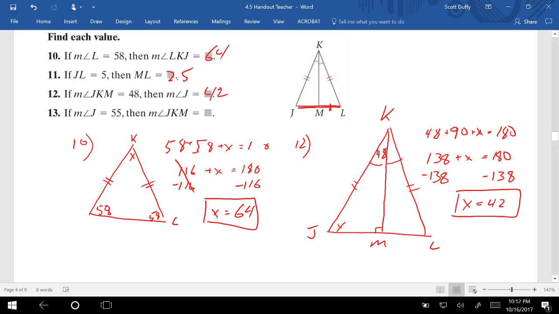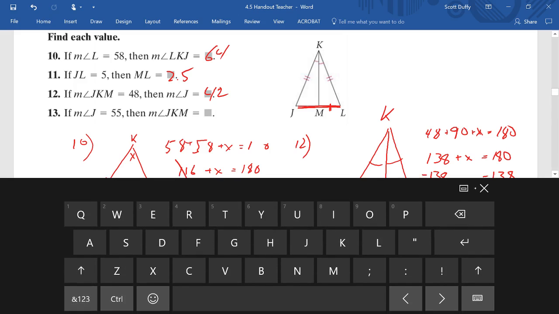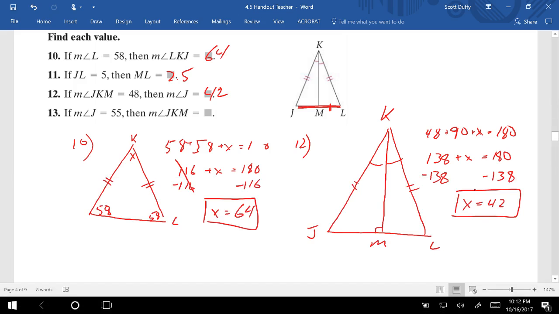And then I'm going to redraw this again for this 55 JKM. This is very similar to what we just did, except that this time, instead of having 48 right there, we know this is 55.